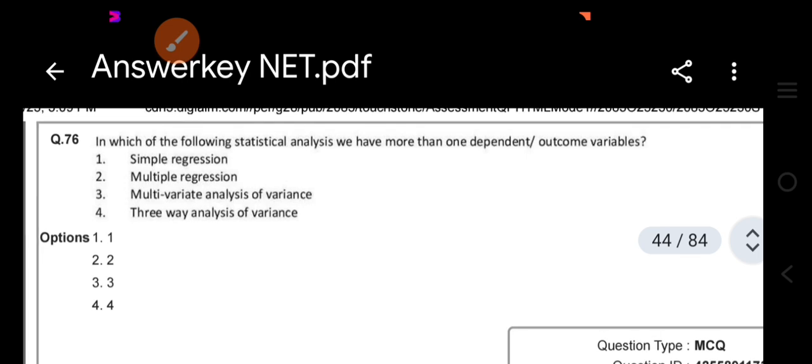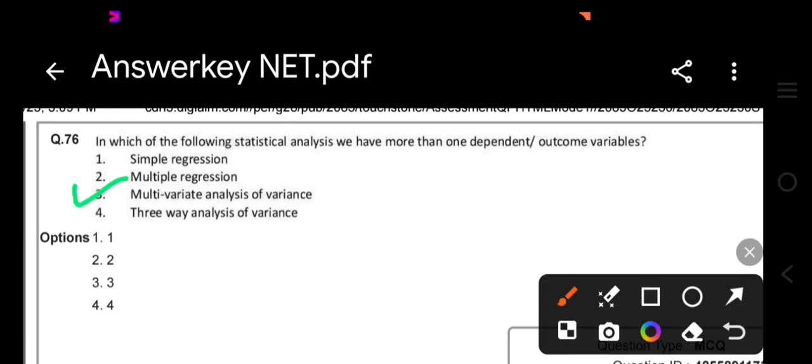Here they are asking about the outcome variable and more than one variable, so independent and dependent variables. More than one means it relates to MANOVA. Multivariate analysis means MANOVA, so the matching option is 3.